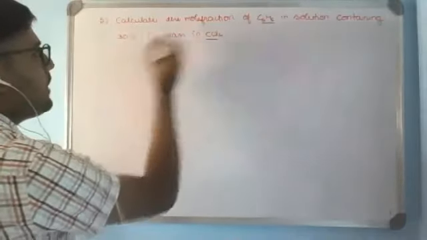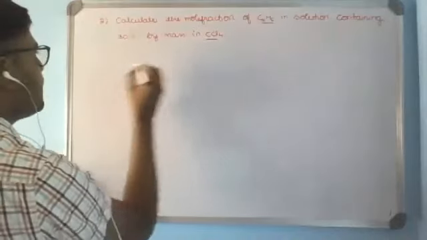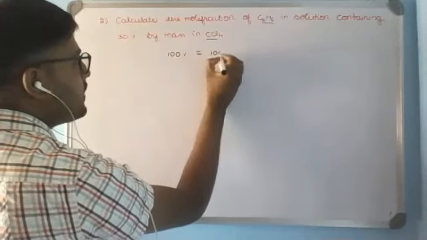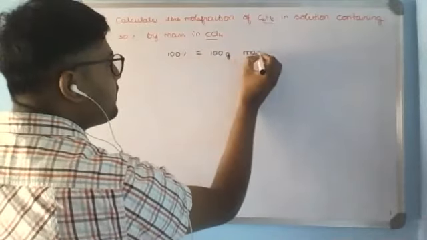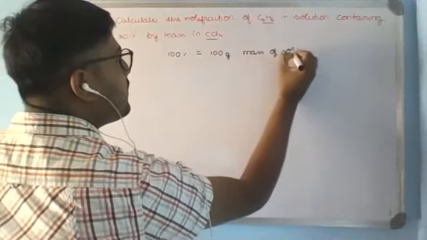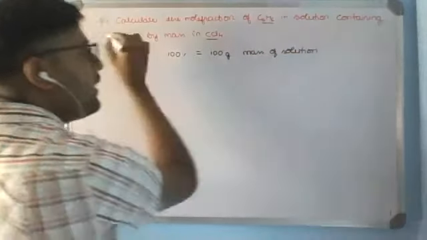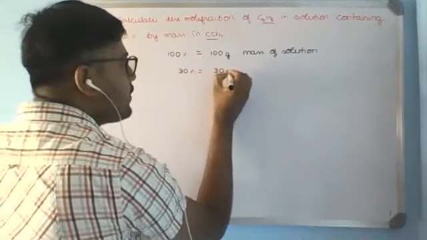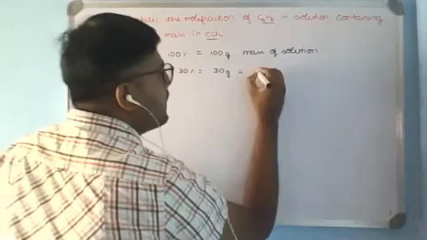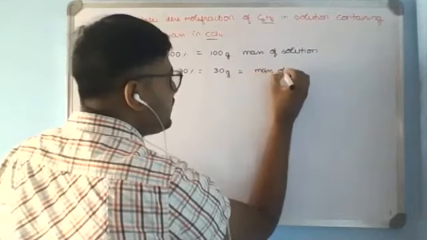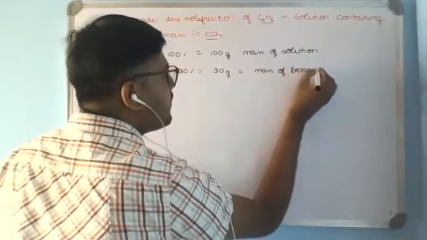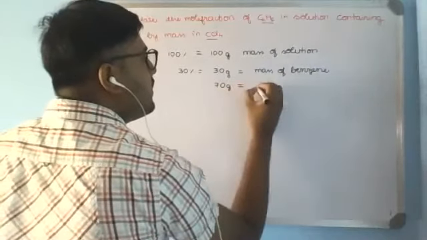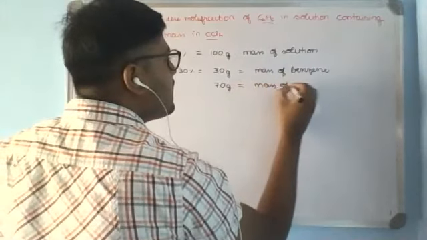So 30% by mass of benzene present in CCl4 refers to, in 100 grams as the total mass of solution, 30 grams of benzene, that is the mass of benzene in the solution. The remaining 70 grams will be the mass of the solvent, that is CCl4.